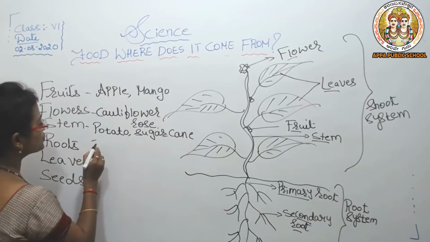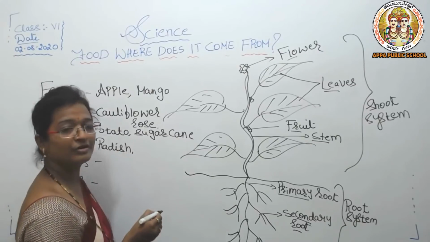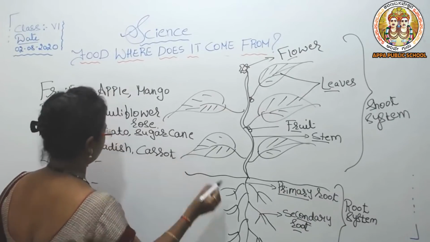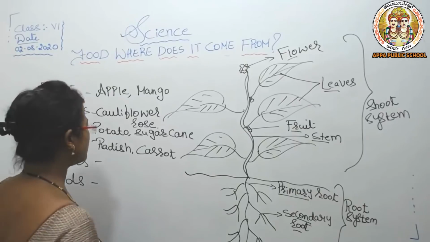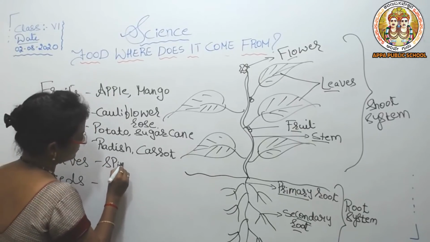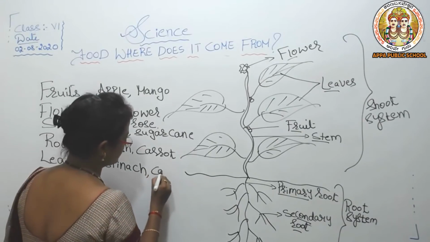Next, as roots we use radish and one more, carrot. Next, leaves. Which leaves are we using? We use spinach and one more, cabbage.